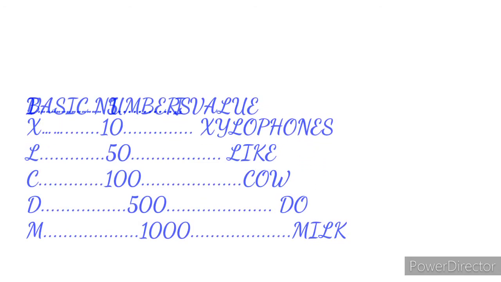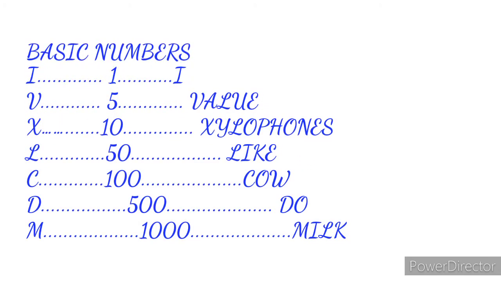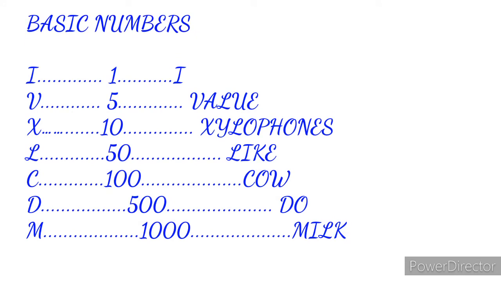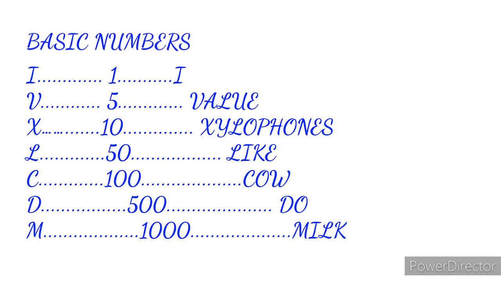In order to remember I, V, X and all those basic numbers, we can memorize them using a slogan: I value xylophones like cow do milk. I repeat, I value xylophones like cow do milk.